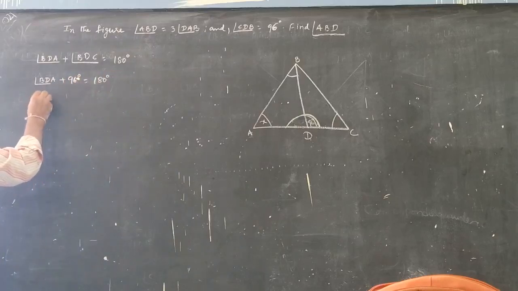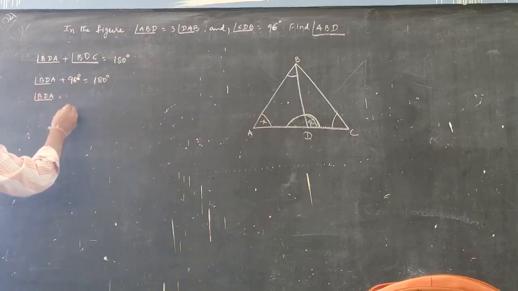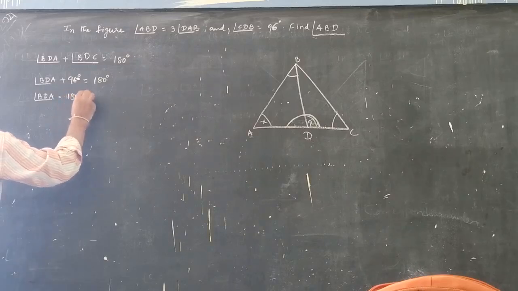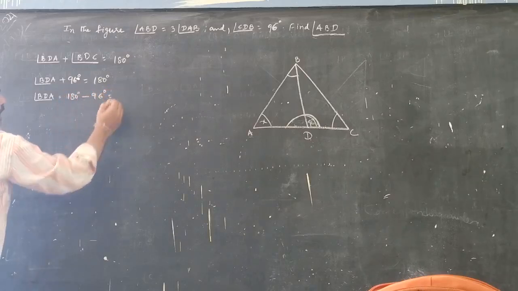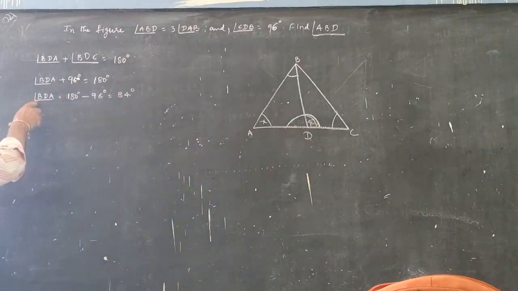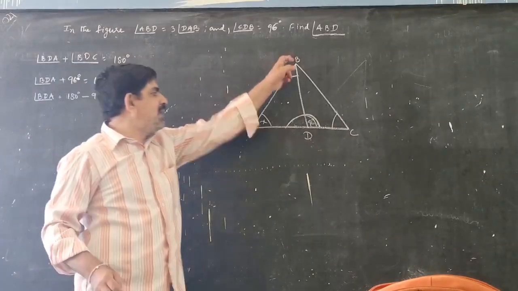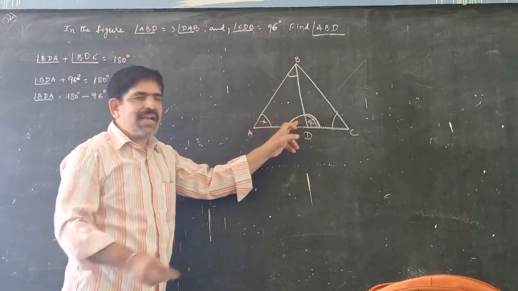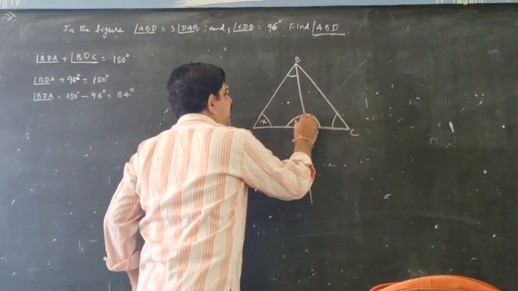Angle BDA is equal to 180 minus 96 degrees. So that is equal to 84 degrees. So angle BDA is nothing but angle D. Angle D is equal to 84 degrees.